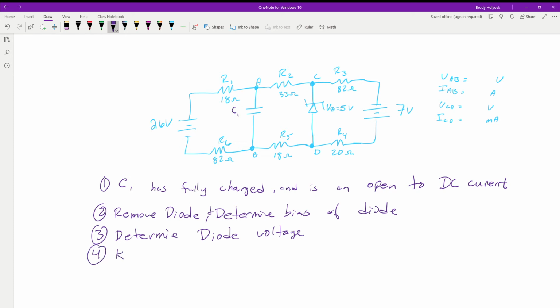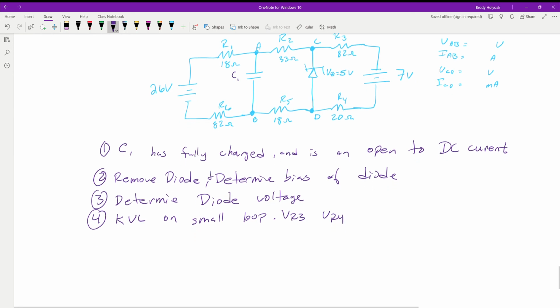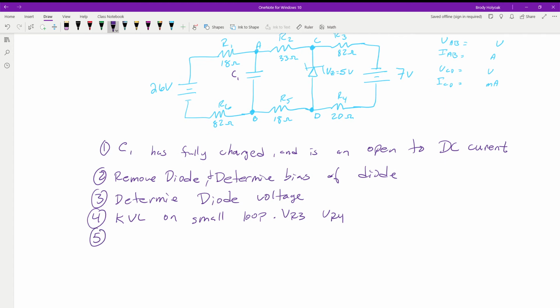Then we're going to use Kirchhoff's voltage law on the small loop. And that's going to determine our VR3, VR4, which then we can solve for VC to D.